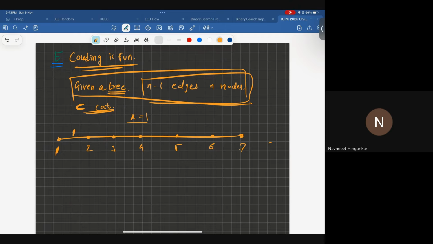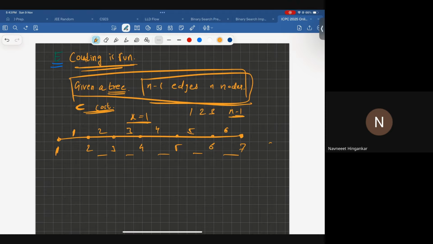I need to assign the cost. I have n minus 1 numbers, 1, 2, 3, up to n minus 1, because I need to assign numbers to these edges: 1, 2, 3, 4, 5, 6. So these are the numbers I have been assigning to my edges.